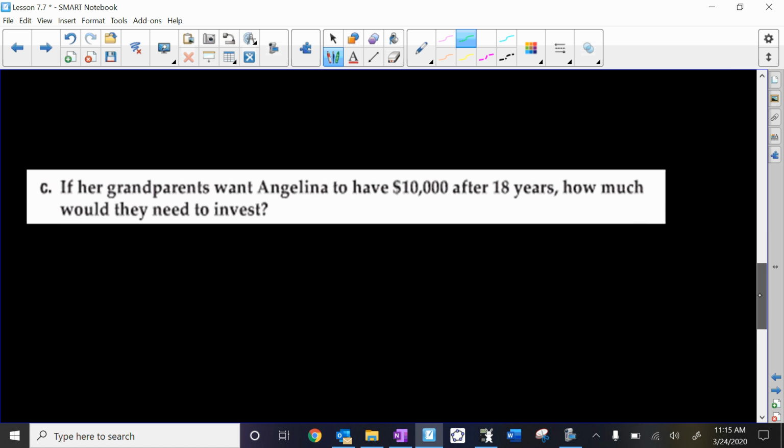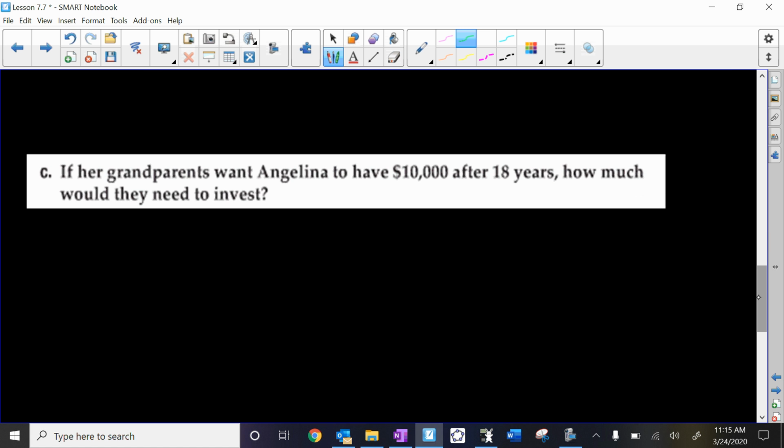Okay, and the last one. This one says, if her grandparents want Angelina to have $10,000 after 18 years, how much would they need to invest? Still using this formula.